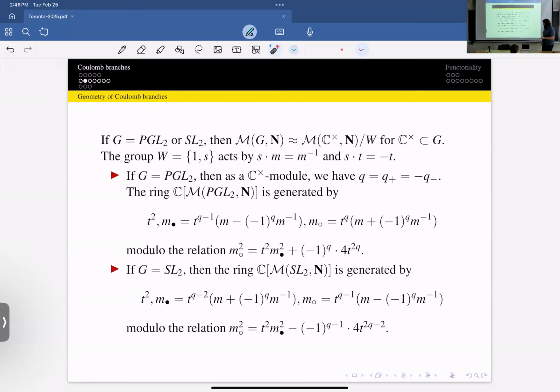So the reason I'm getting this -2 here is roughly that this is the square of this guy. That's the kind of picture to have in your head. This is not the monopole operator on the nose, but you can subtract stuff in t² from it to make it the monopole operator.